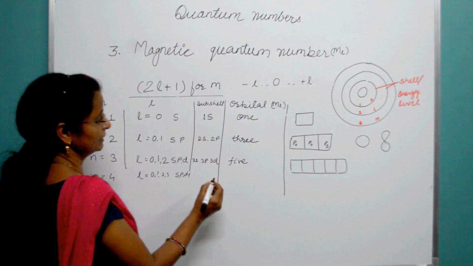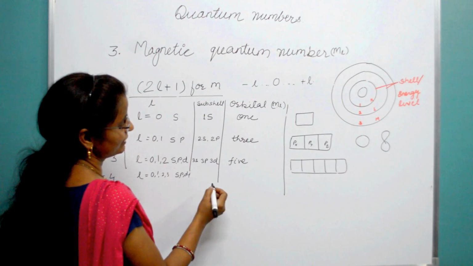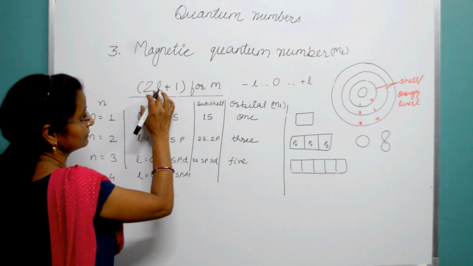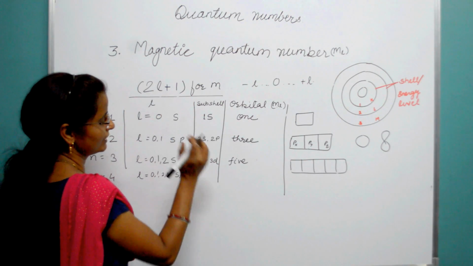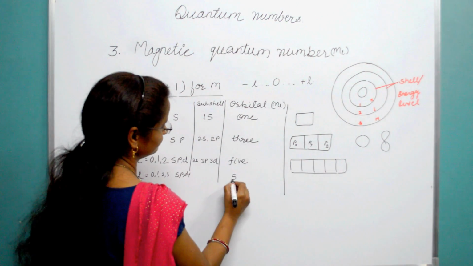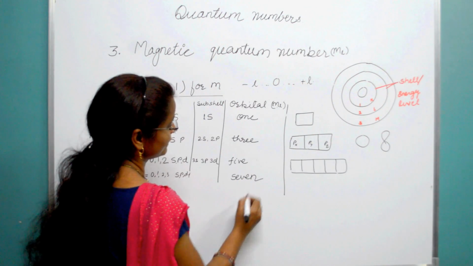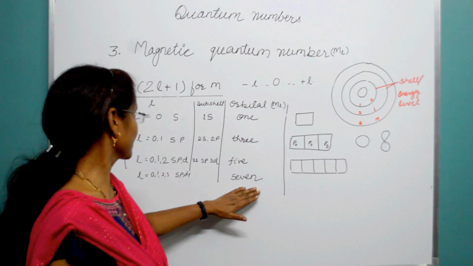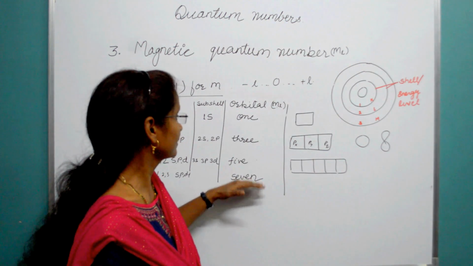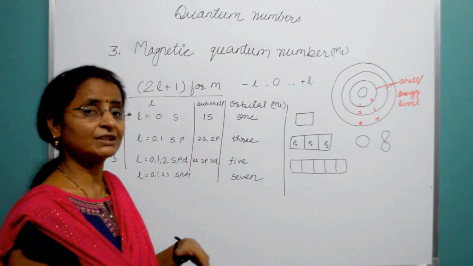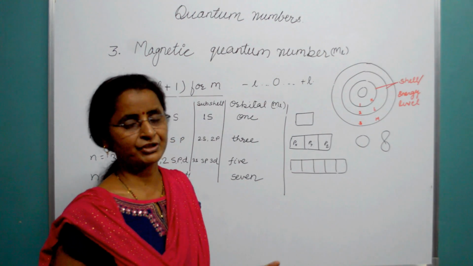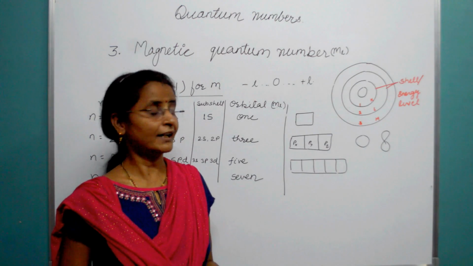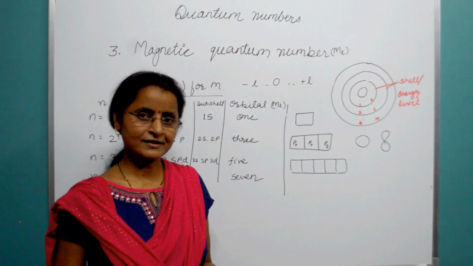If we put it here, how many orbitals are present? 2 into 3 is 6, 6 plus 1 is 7. How many? 7 orbitals are present. So in this case we can know where the electron is present, in which energy level, in which subshell, and how many orbitals are present.